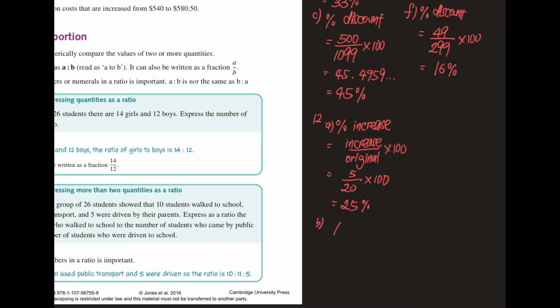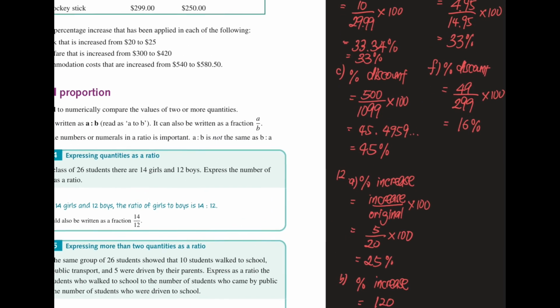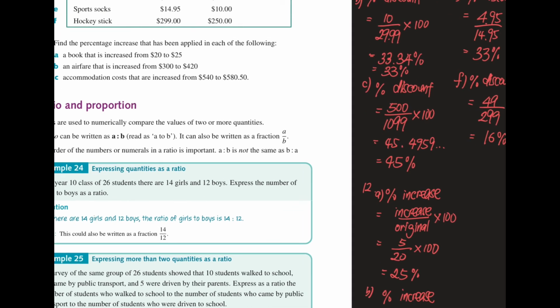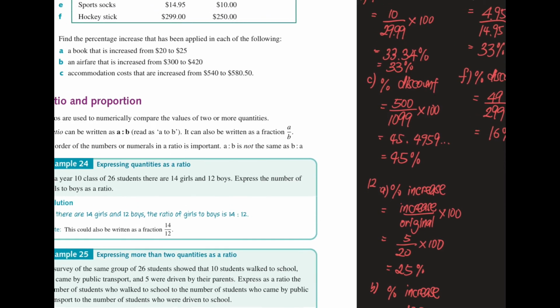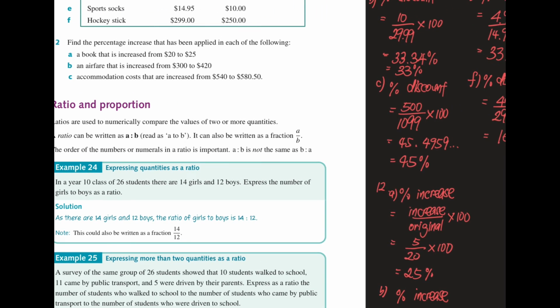Okay, so B, percentage increase, we have 120 and divide by the original, which is $300 times 100, and then we'll get a percentage increase as 40%. Okay, so 40%.